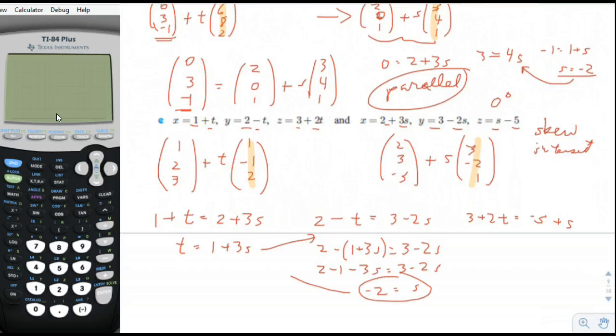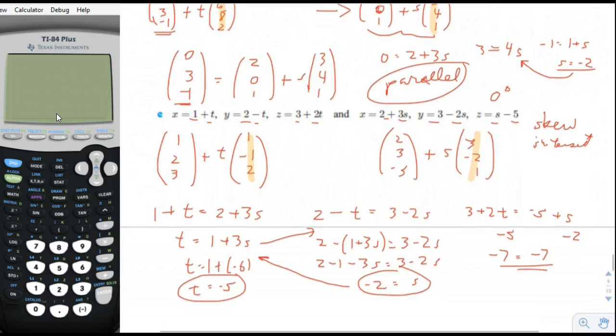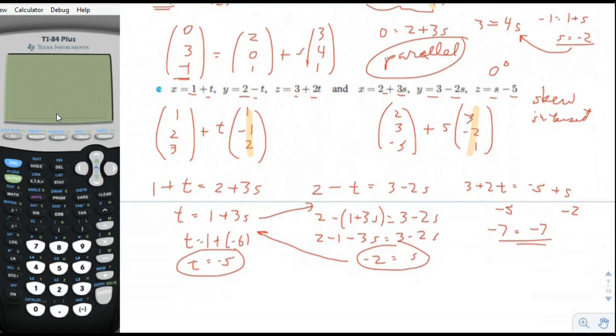So if s equals negative 2, that means t equals 1 plus 3 times negative 2, which is negative 5. Okay, and we'll put both of those into the z equation. Negative 5 here, negative 2 here. And then we get 3 minus 10, which is negative 7. And then we have negative 5 minus 2, which is negative 7. And it worked. So yes, there is a point which satisfies both of these equations. It is found at s equals negative 2 and t equals negative 5.